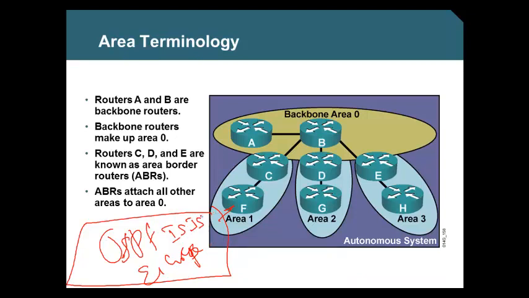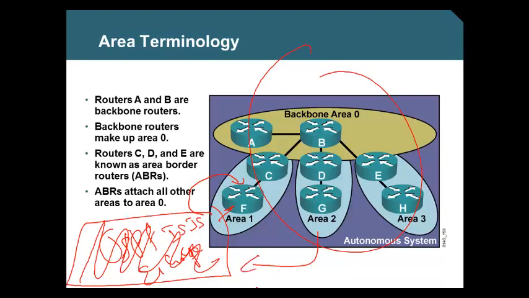If you are taking the routes from this and giving them to this OSPF, we will call the networks of these as external. For this autonomous system, these networks are external. Likewise, for this autonomous system, this is external. Don't forget.